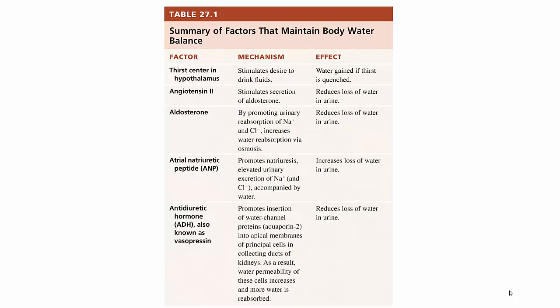This one is showing you the factors that influence water, what happens. The thirst center in the hypothalamus, the angiotensin II, aldosterone, atrial natriuretic peptide ANP, and also the antidiuretic hormone. So these are showing you what the mechanism is that stimulates them, but also how it affects the water, which we just talked about.